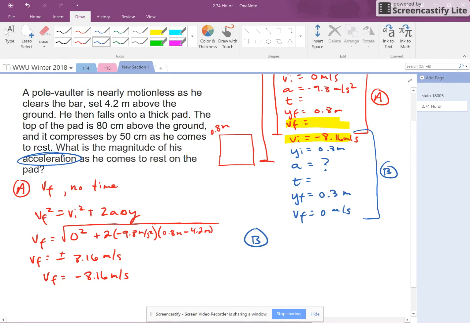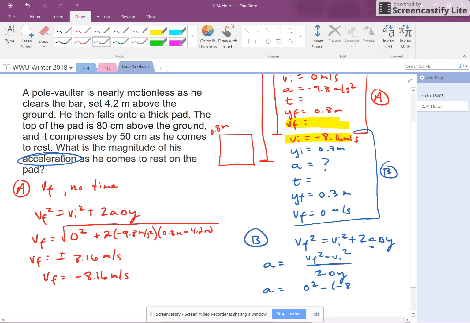We're now looking for acceleration, and we don't have time, so we can use the same equation we just did: the final velocity squared equals the initial velocity squared plus 2a delta y, except now we're solving for a. Solving for a, we're looking at the difference of the velocity squared divided by 2 delta y. Final velocity is 0.